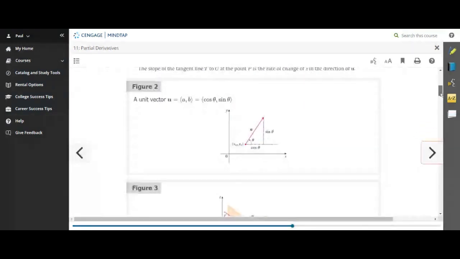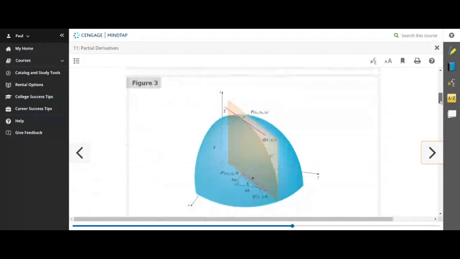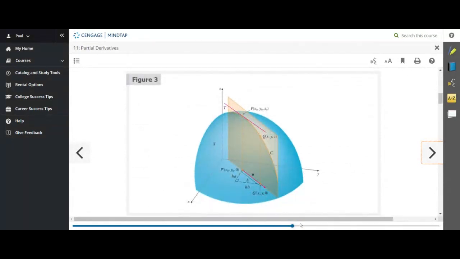So the scenario we're talking about is what we're seeing in figure 3. This is a beautiful picture in section 11.6, and you have this surface S, represented by a function.